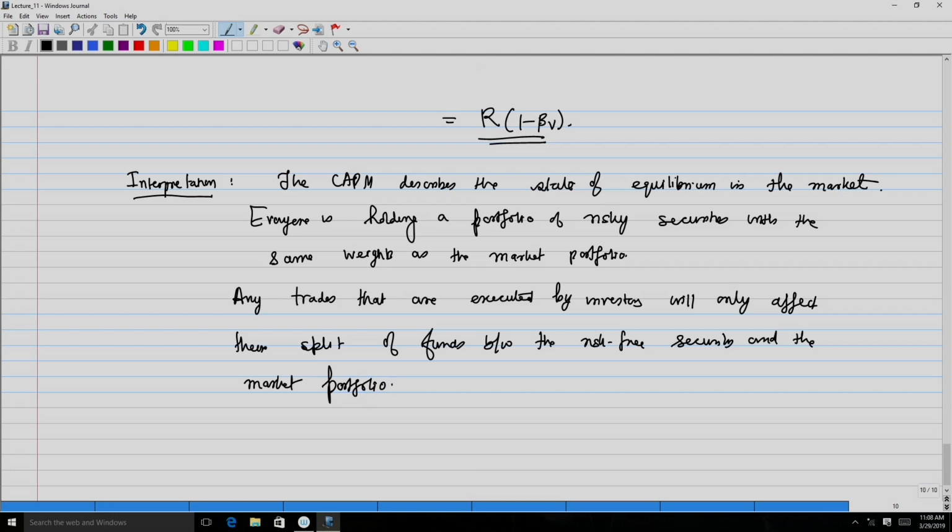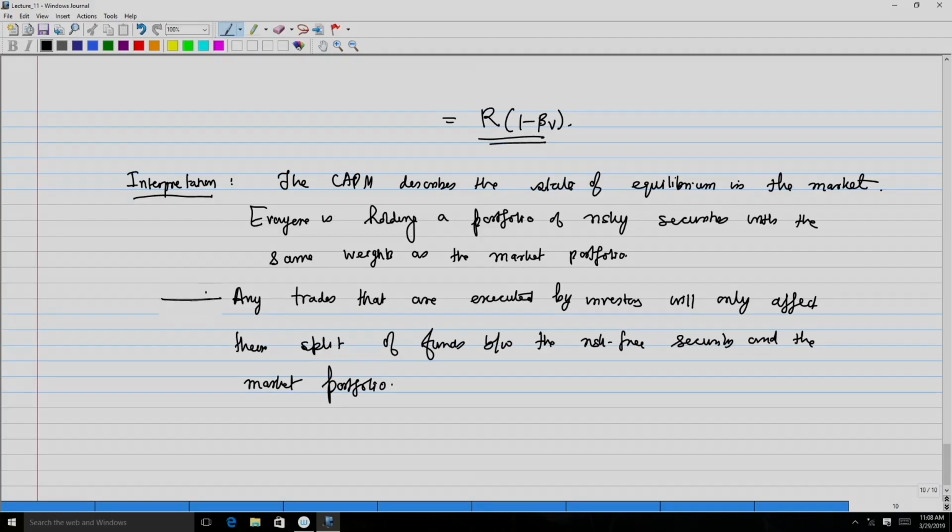So, what this means is the following: initially everyone is at an equilibrium and they have invested in the risk free asset and the market portfolio in some proportion. So, which means that everybody's risky investment is identical in nature.